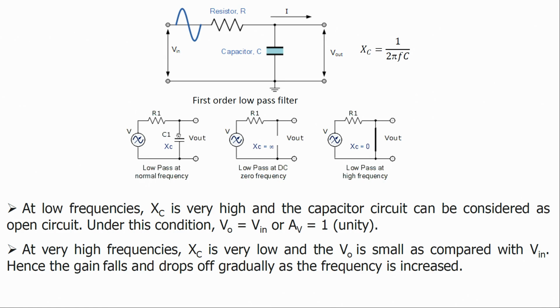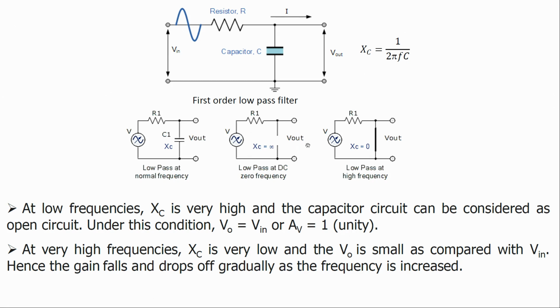At low frequency your Xc would be very high and the capacitor can be considered as an open circuit. So, here in the center, if your frequency is low, Xc can be considered as open circuit and the low frequencies can pass and we get them at the output.